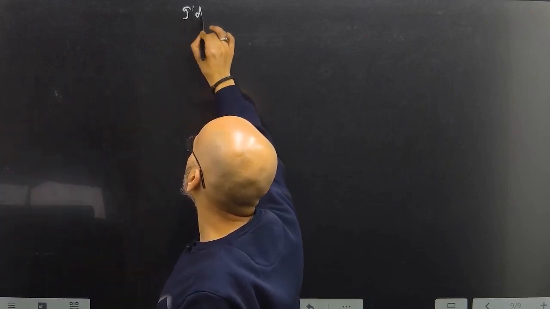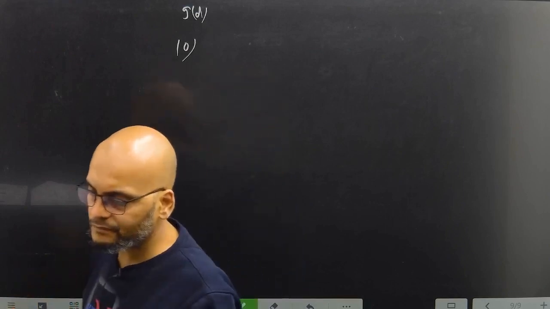Its temperature increases from 300 Kelvin to 1000 Kelvin going from A to B. Graph is shown to you. Guys, simple calculation based. We have already done so many. D option is correct. D. Moving on to 10th.